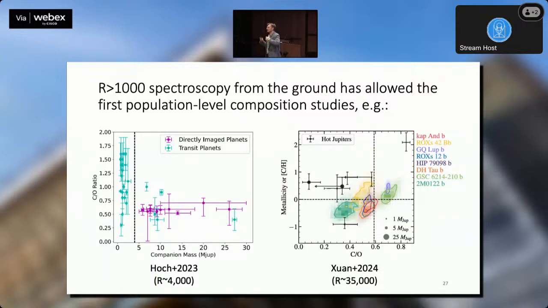We have learned that massive giant planets that are far away from the star tend to have a stellar carbon-to-oxygen ratio. So maybe the carbon-to-oxygen ratio is not the best tracer of planet formation, unfortunately. We have also checked that larger objects, 10 to 30 Jupiter masses, brown dwarf regime-ish, tend to have a stellar composition as well, which would be consistent with a star-like formation pathway.